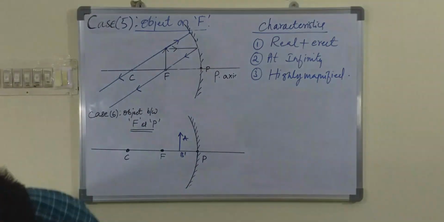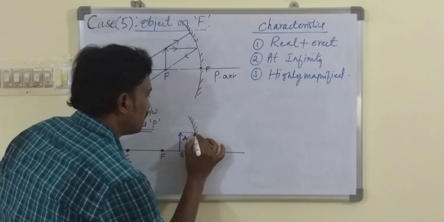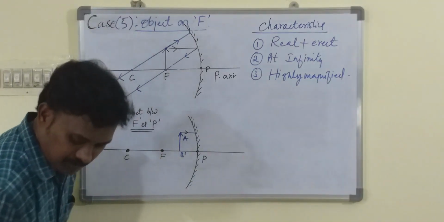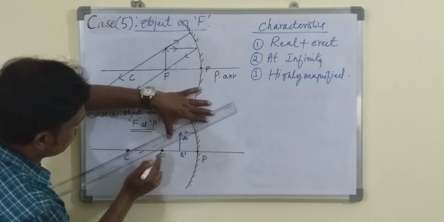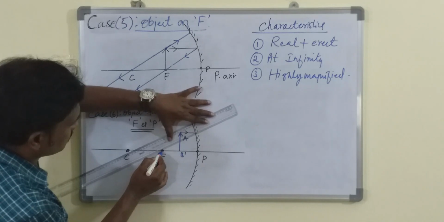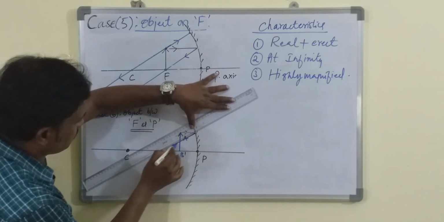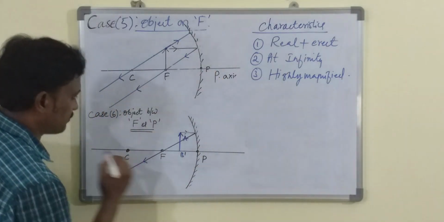Now, the first light ray should always be parallel to the principal axis, and the reflected light ray must pass through the focus. Let me draw that. This is focus. From here. This is the first reflected light ray.